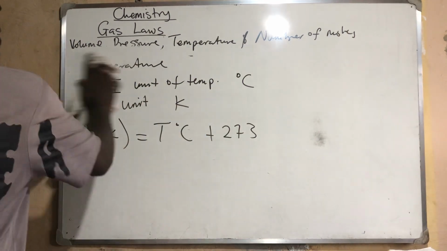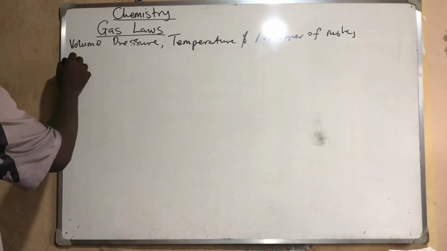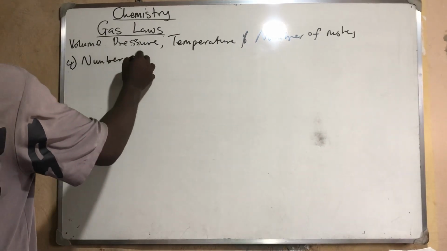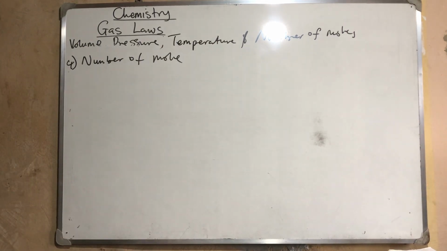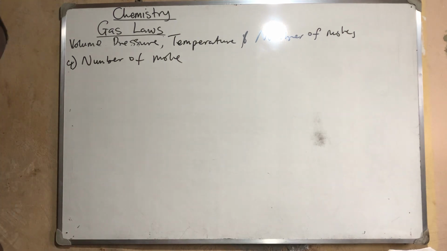So the last one is what? Number 4, the number of mole. For number of mole, they said the mole is the unit used for measuring the amount of matter in terms of the number of particles.